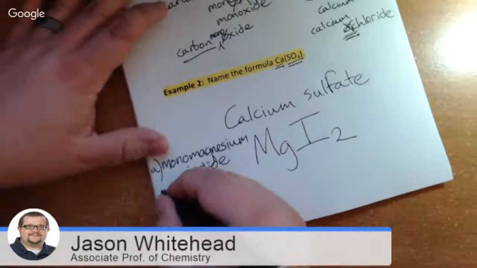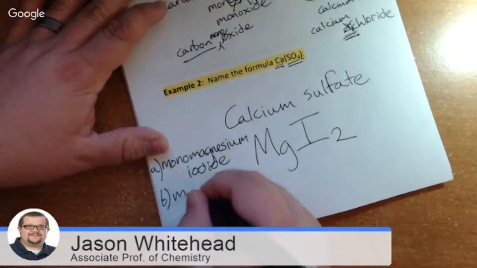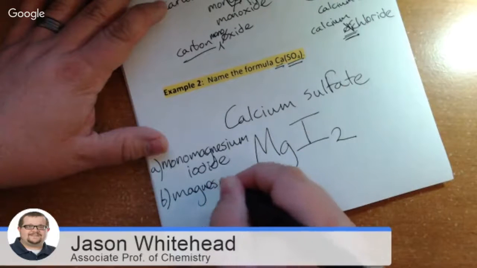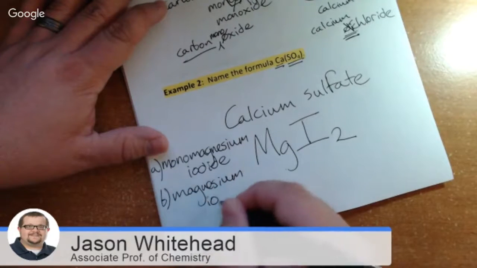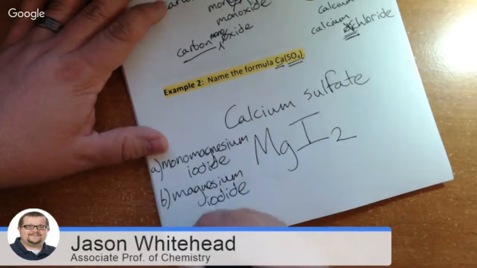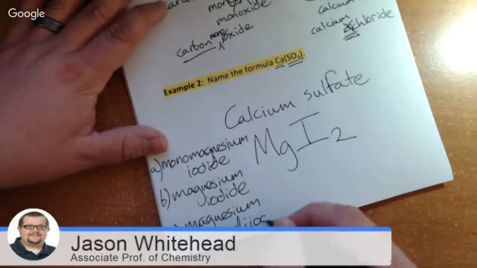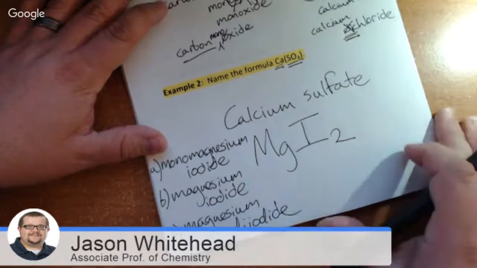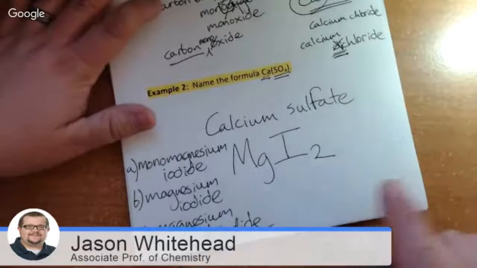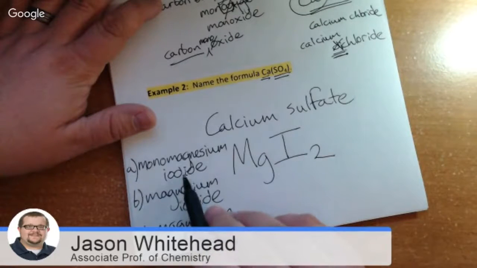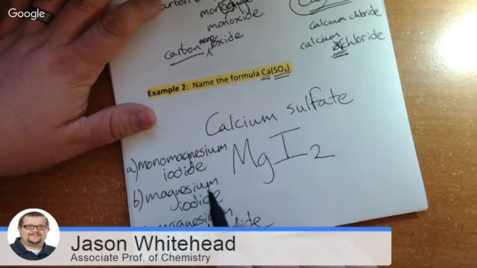Choice 2, magnesium iodide. Or C, magnesium diiodide. Which choice do you think we should go with? Should I name MgI2 monomagnesium iodide, answer A, magnesium iodide, answer B, or answer C, magnesium diiodide?